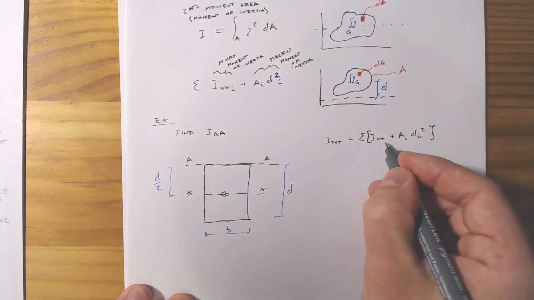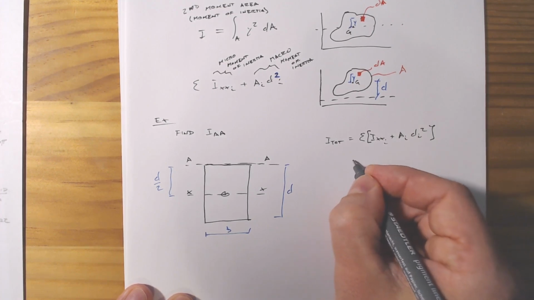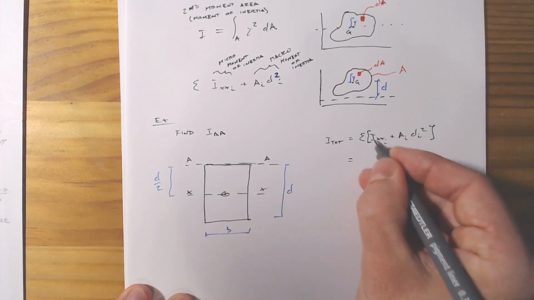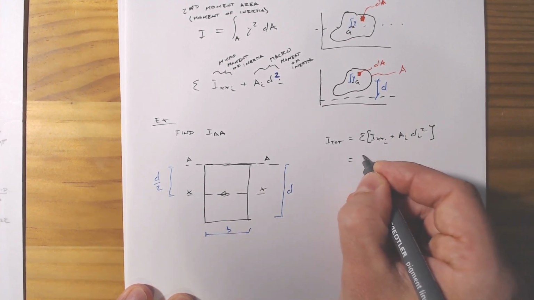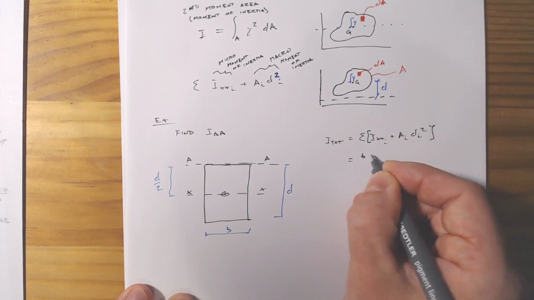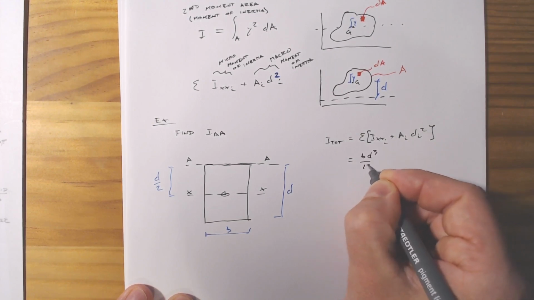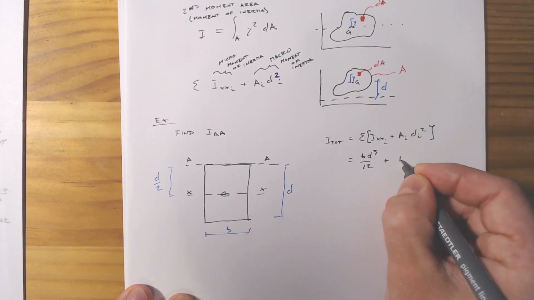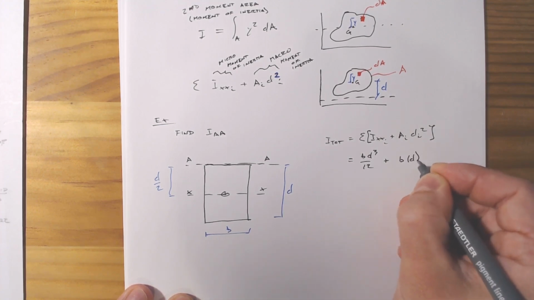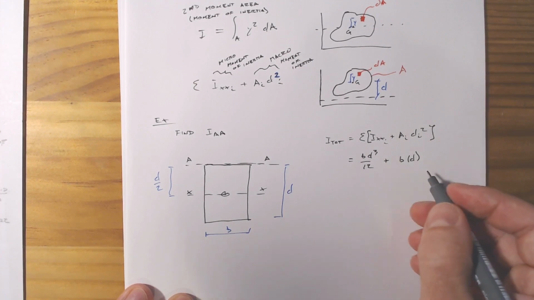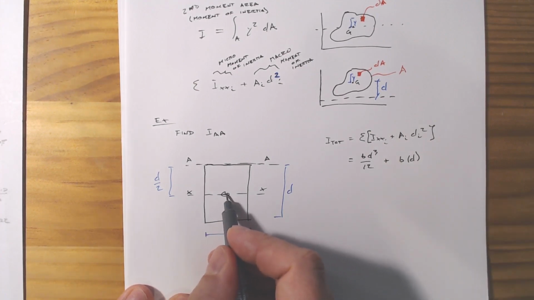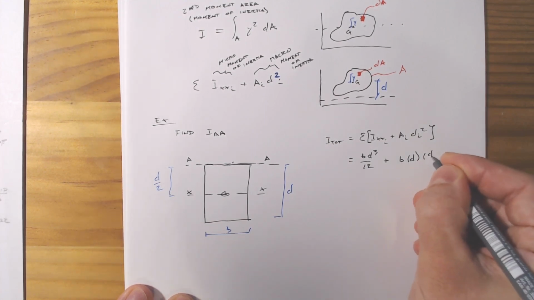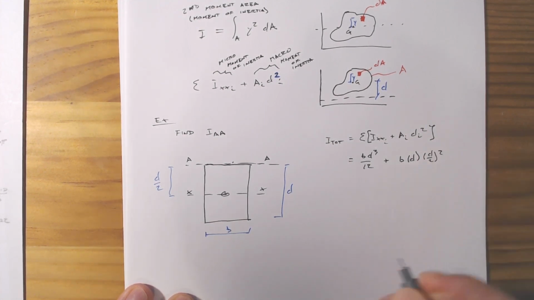We only have one element, so i equals 1. So that's simply going to be the moment of inertia of the rectangle of its own little piece, which is going to be bd cubed over 12, plus the area, which is b times d, times the distance of the centroid of the little piece to the axis that we want to go around, which is simply going to be d over 2 squared.